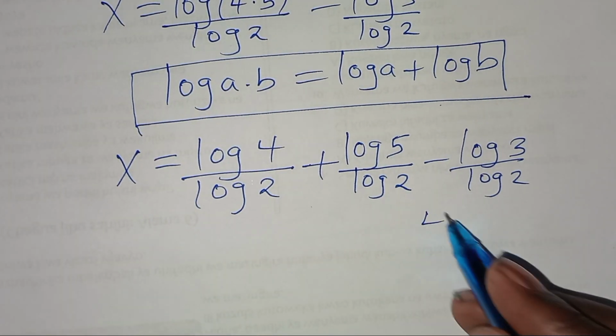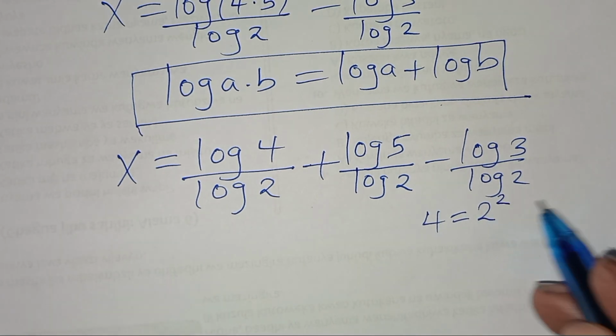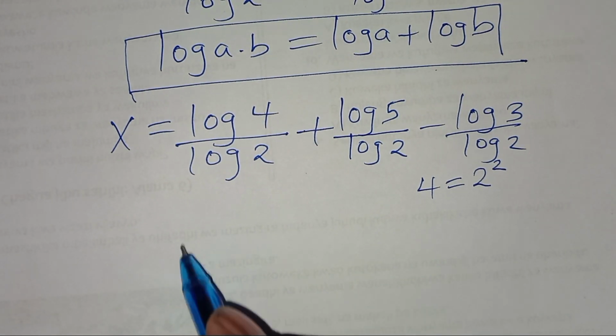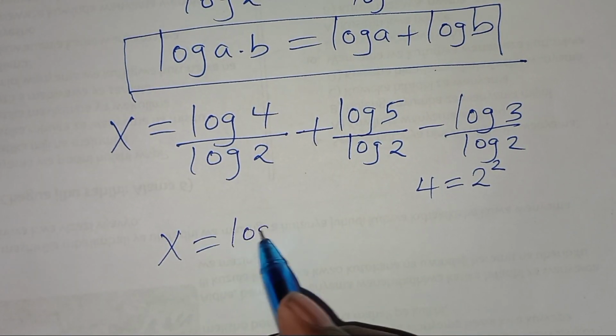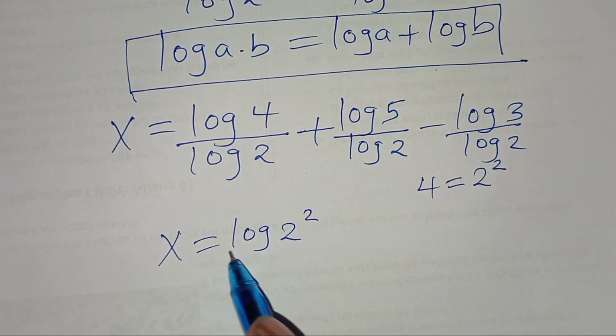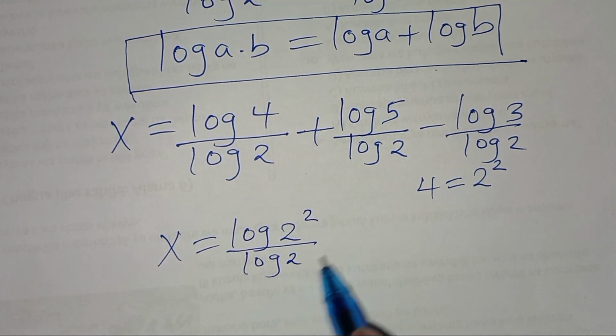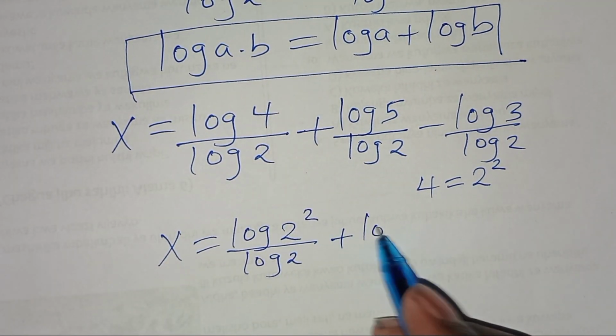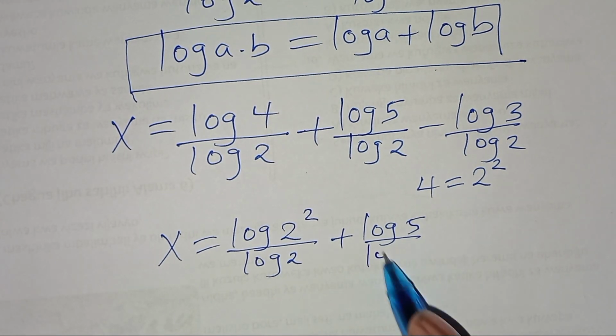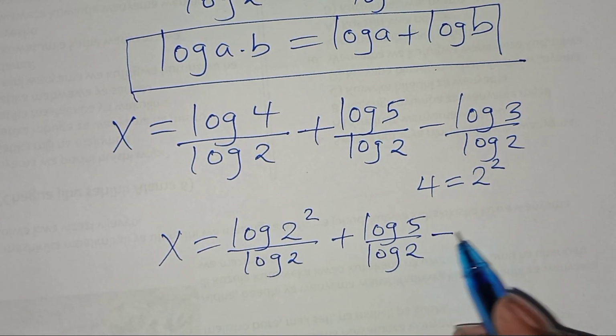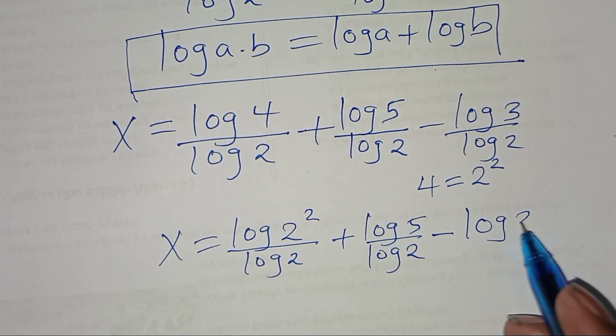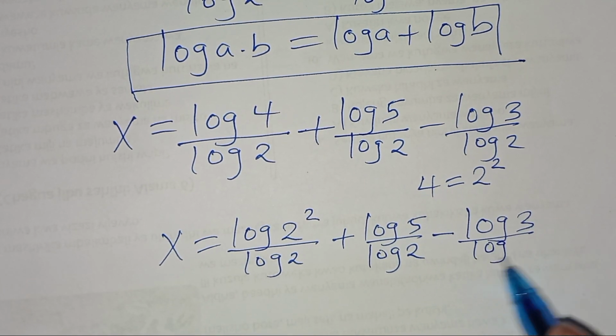We can express 4 here as 2 to power 2. So that now here we'll have x is equal to log 2 to power 2 divided by log 2 plus log 5 divided by log 2, subtract log 3 divided by log 2.